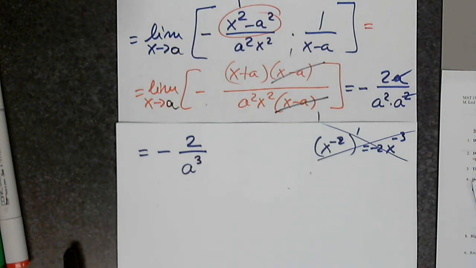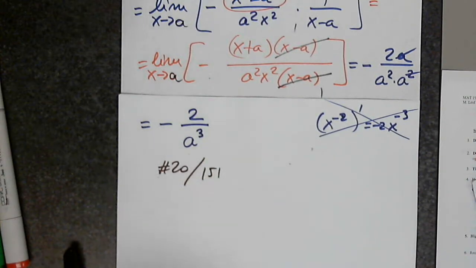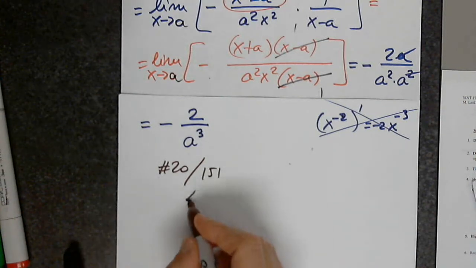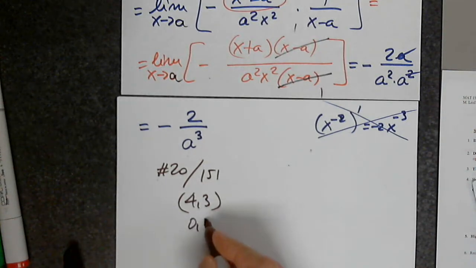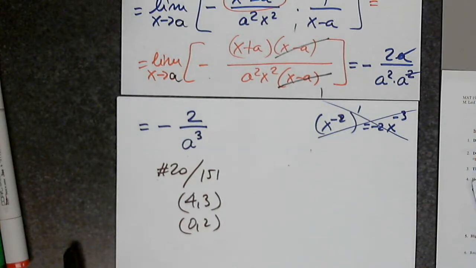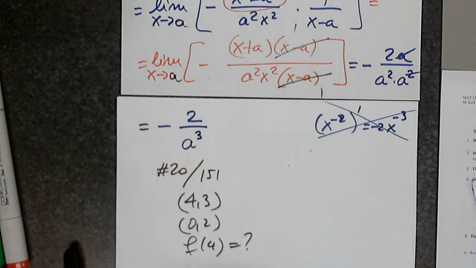I like to look at problem 20 on page 151. If the tangent line to y equals f of x at 4, 3, if the tangent line to the graph at 4, 3 passes through the point 0, 2, find f of 4 and find f prime of 4.